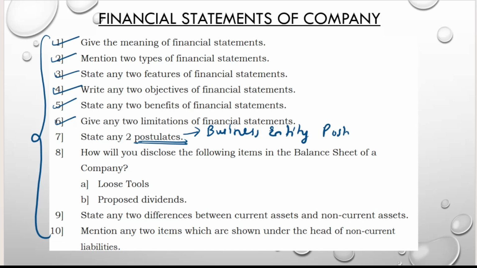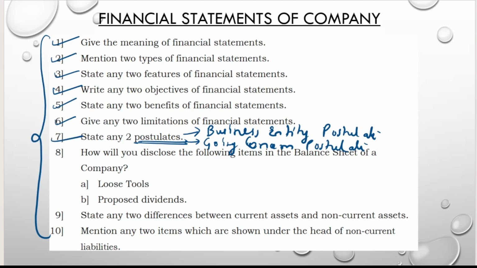Business entity postulate. Going concern postulate. Matching postulate. Dual aspect postulate. Like that.